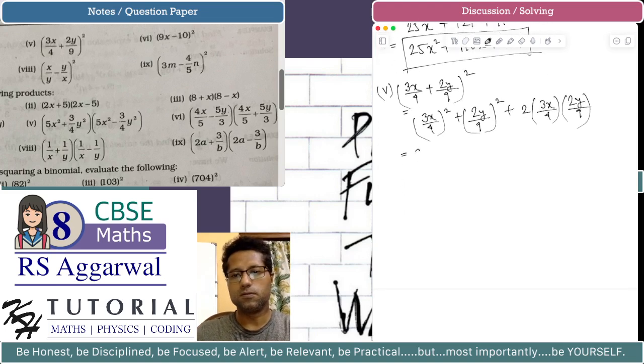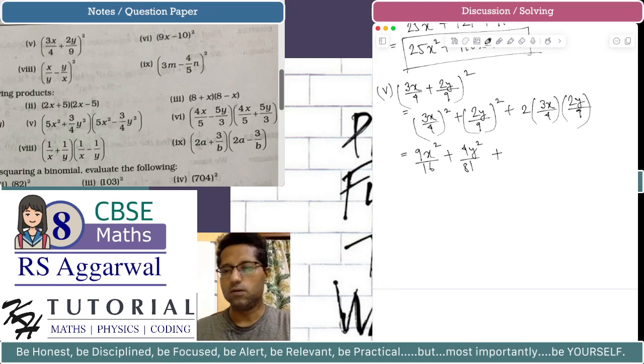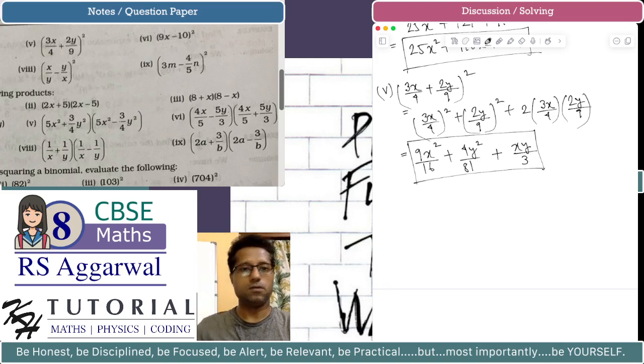This is equal to 9x square by 16 plus 4y square by 81 and plus 2 into 3x by 4 into 2y by 9, which is xy by 3.